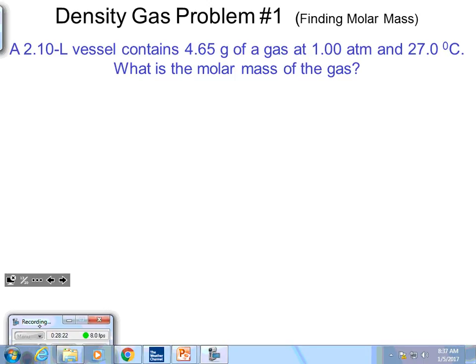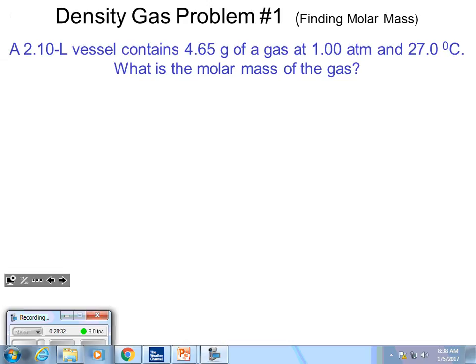Let's do a gas problem. Give you a second to copy it. A 2.10 liter vessel contains 4.65 grams of a gas at 1 atmosphere pressure, 27 degrees Celsius. What is the molar mass of the gas?